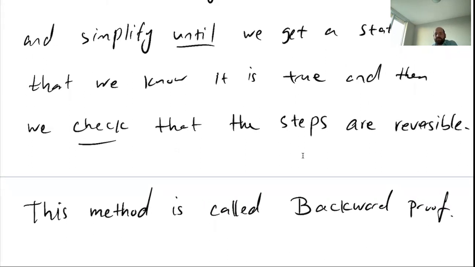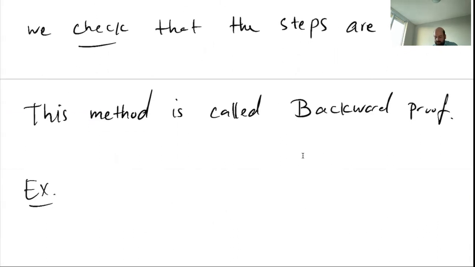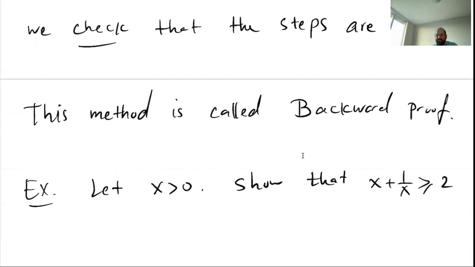Okay, so let's look at an example. Let x be bigger than 0. Show that x plus 1 over x is bigger than or equal to 2. This is a very interesting inequality in mathematics that says a number plus its reciprocal is always bigger than or equal to 2. For example, 5 plus 1 over 5 is of course bigger than 2.